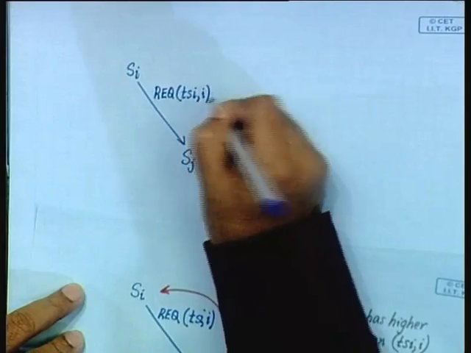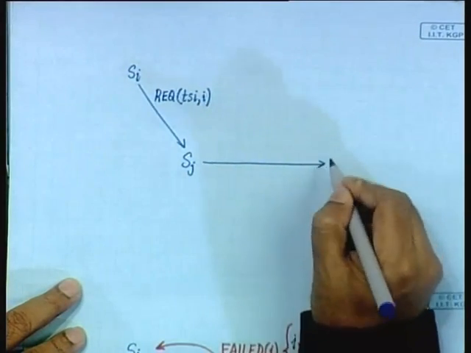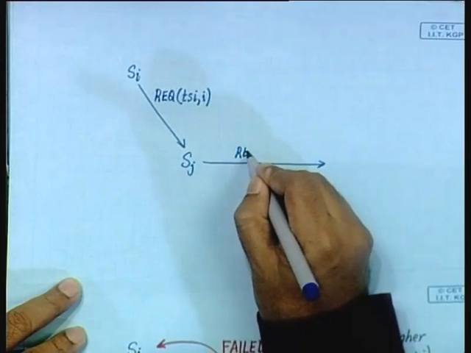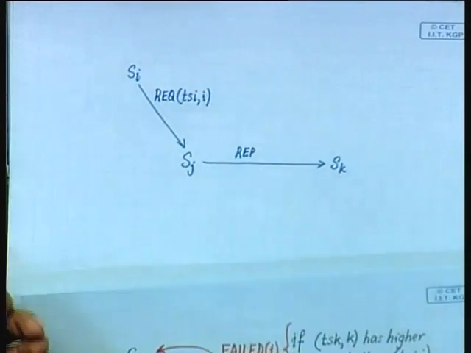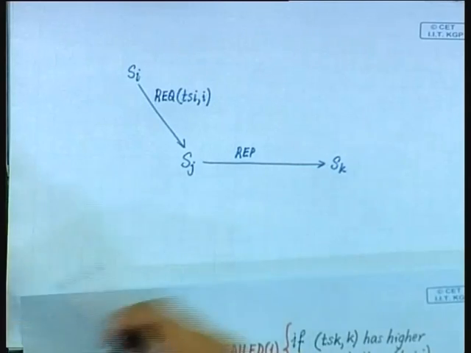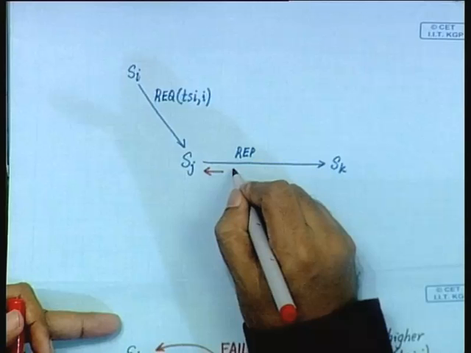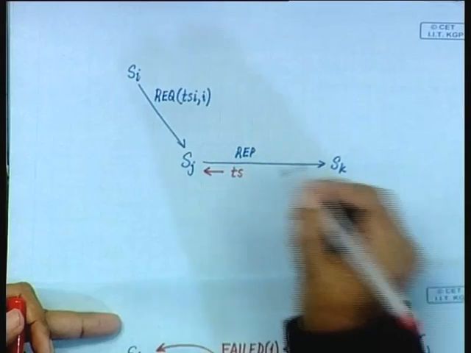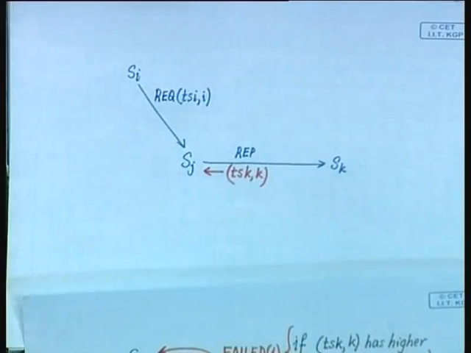Sj has sent a reply to some Sk because it had received some request previously having a timestamp of TSk, right.